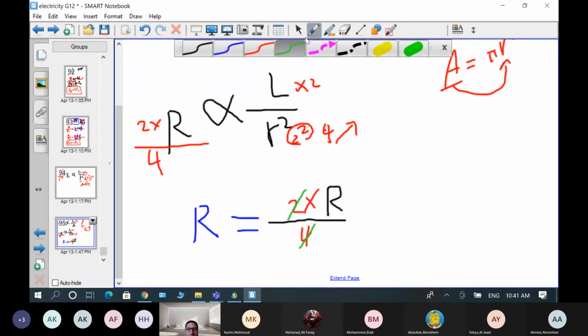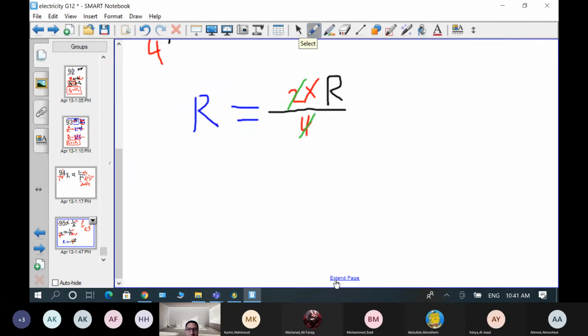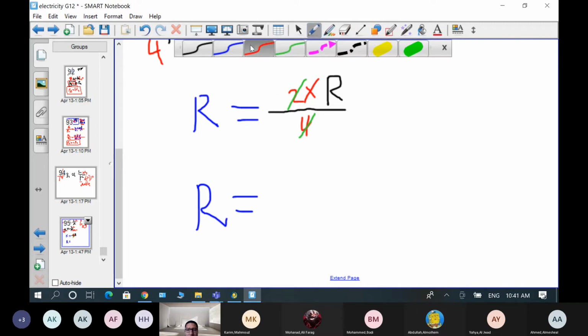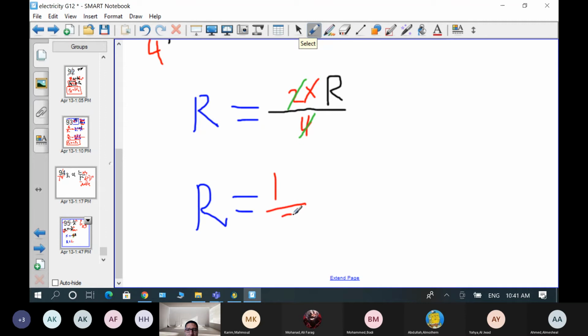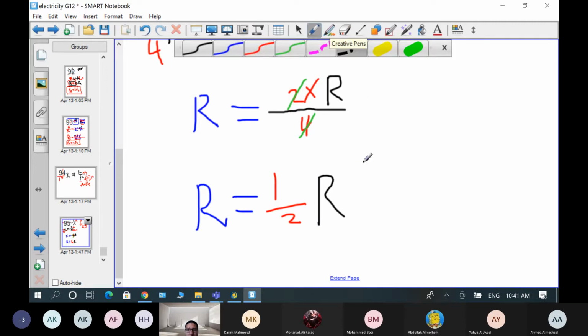So the new resistance R equals 1 over 2, which is half of the original resistance, which is in black. So that's the answer.